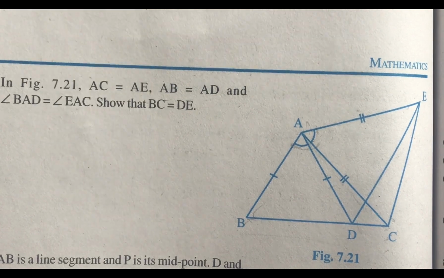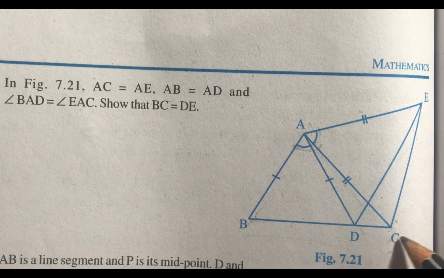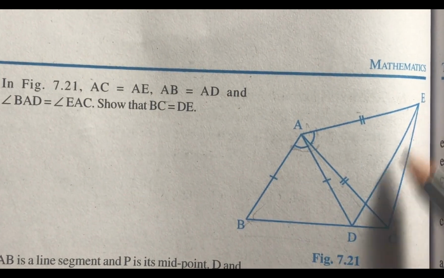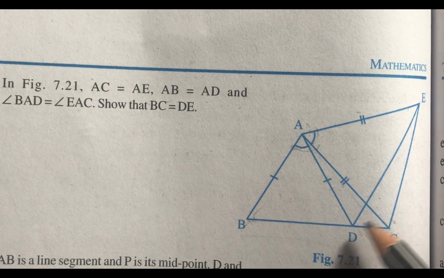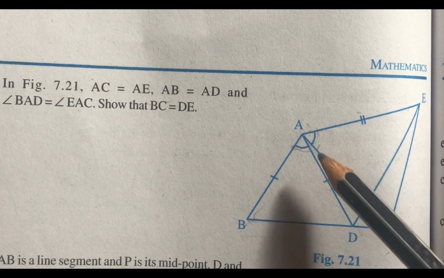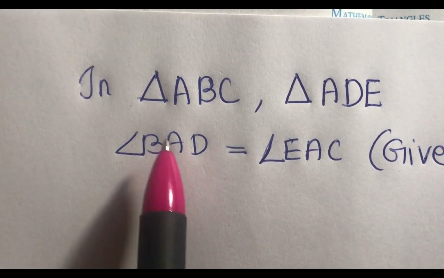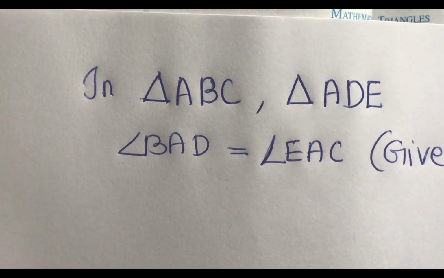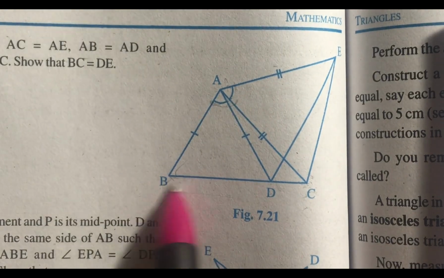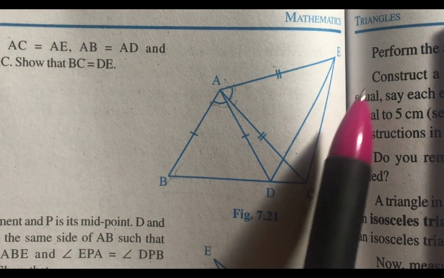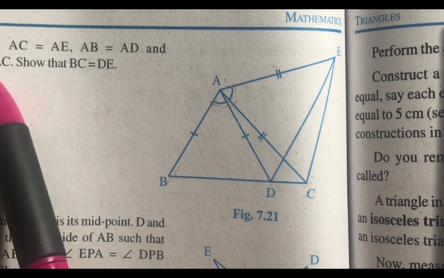So now let's take these two triangles with one side BC and one side DE. That is, we'll take triangles ABC and ADE. So in triangle ABC and ADE, it's given angle BAD and angle EAC.